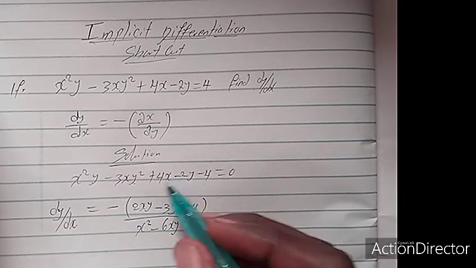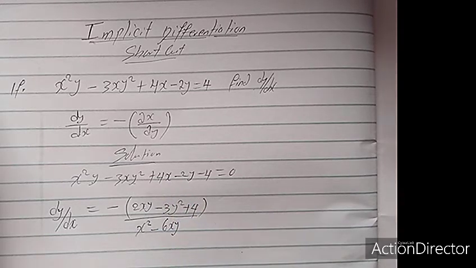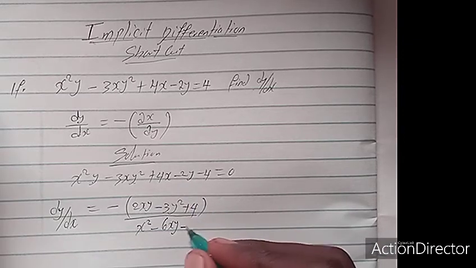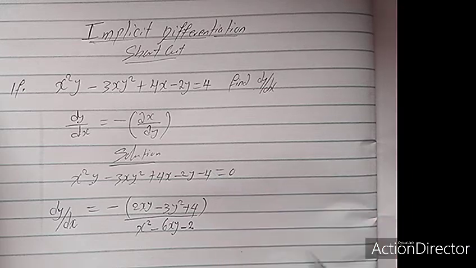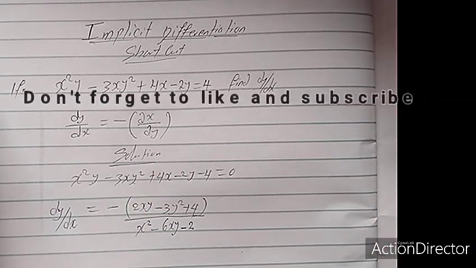Now this is a constant, it is not carrying y. If I differentiate it, I will get 0. Now if I differentiate minus 2y, I will get minus 2. If I differentiate 4, which is a constant that is not carrying y, I will get 0. So believe you me, this is your final answer in simple steps.